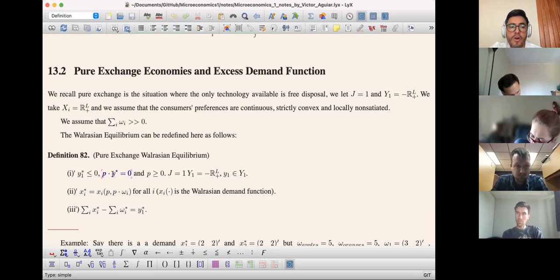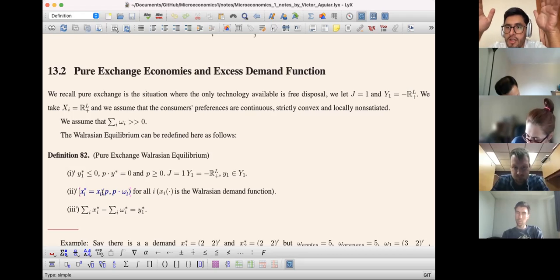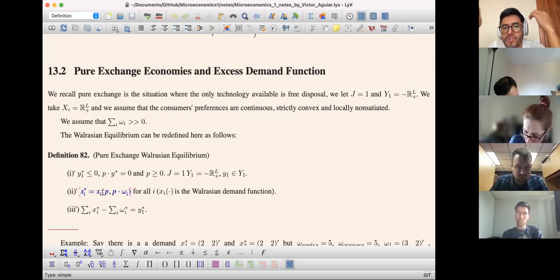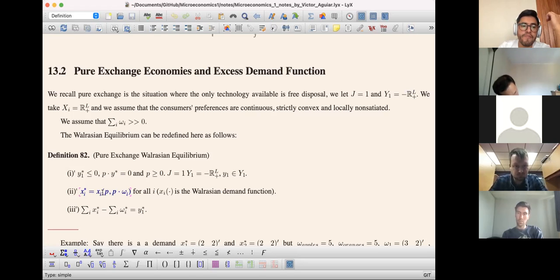Now, you have that consumers maximize preferences. And here, Mas-Colell does a bad notation thing, but I'm just connecting with the book. So Mas-Colell uses in this textbook, and I'm using it as well, the notation x sub i, and just calls it the Walrasian demand function. So remember that this demand is supposed to come from utility maximization, right?